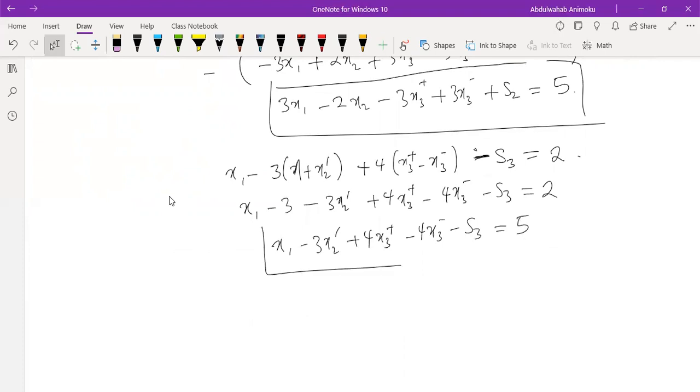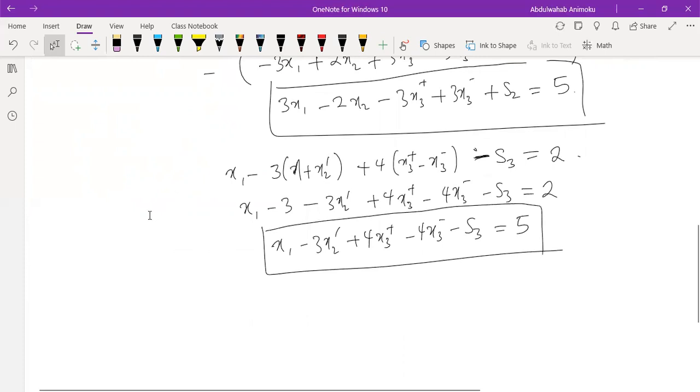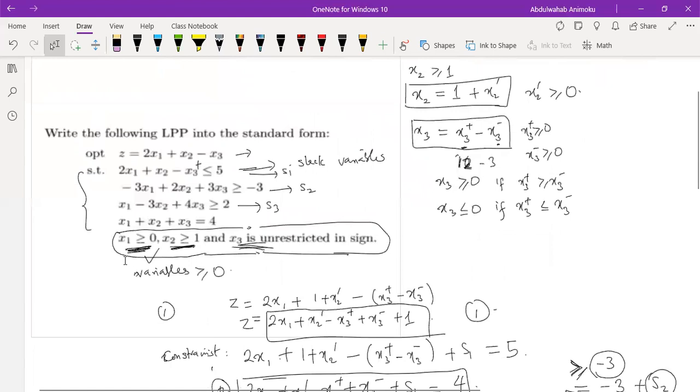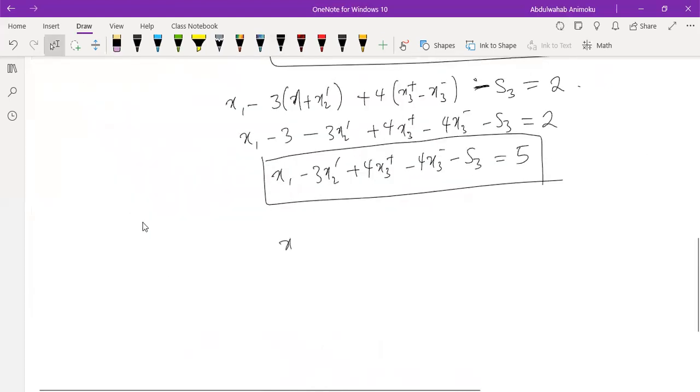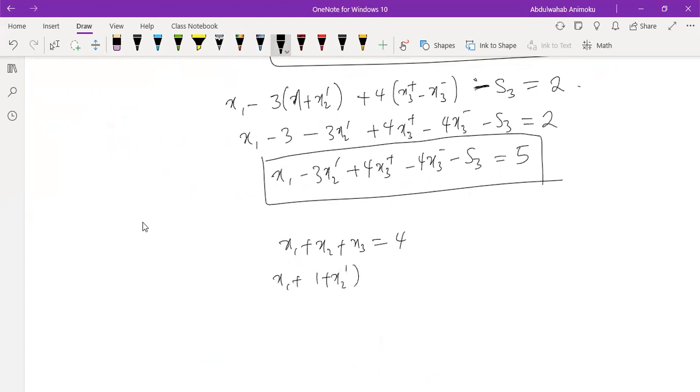And this gives us the next equation. Now, what is remaining is the last one, x1 plus x2 plus x3 equal to 4. So x1 plus x2 plus x3 equal to 4. And this is what? x1 plus 1 plus x2 prime plus x3 plus minus x3 minus equal to 4, because this is equality.